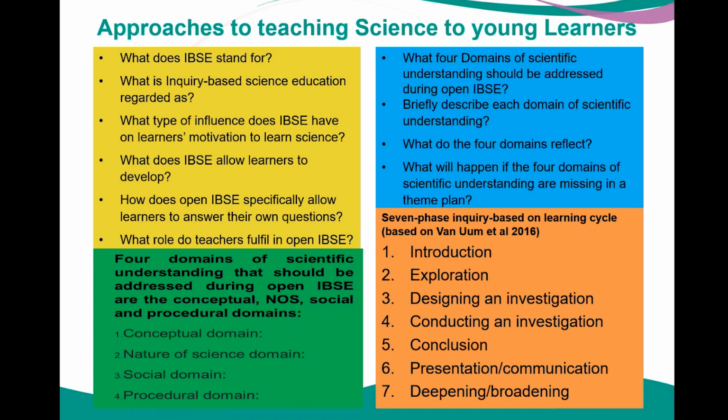When we look at exploration, the goal of this phase is basically to connect real world situations to learners' prior knowledge of the topic under investigation. As a teacher, you can show videos about a real world situation. The learners can do a reading assignment about the situation. The teacher can ask learners questions about their understanding of the situation.